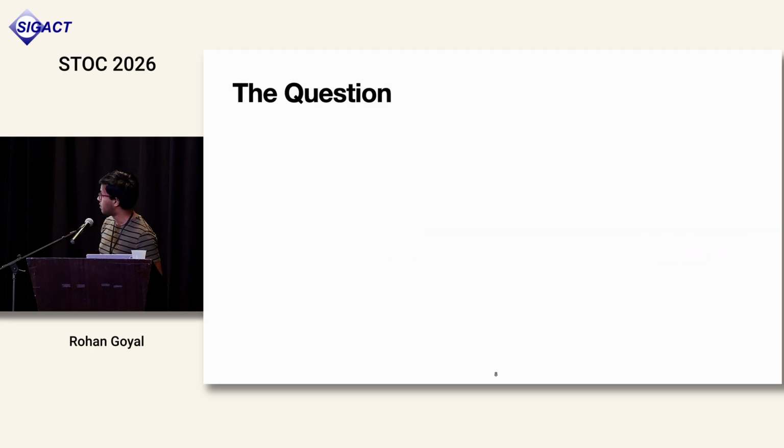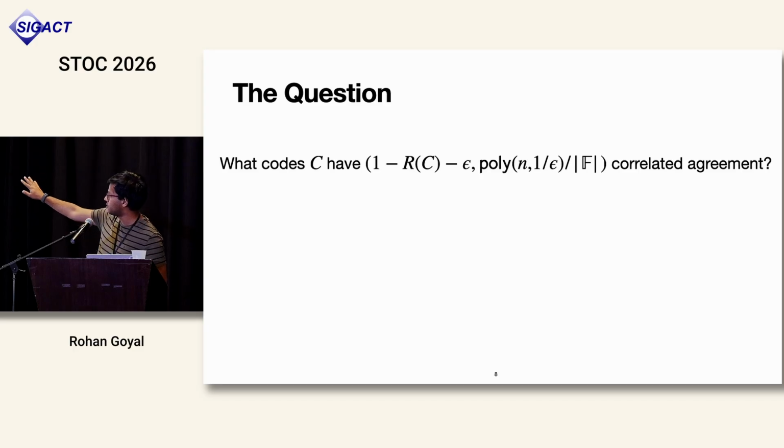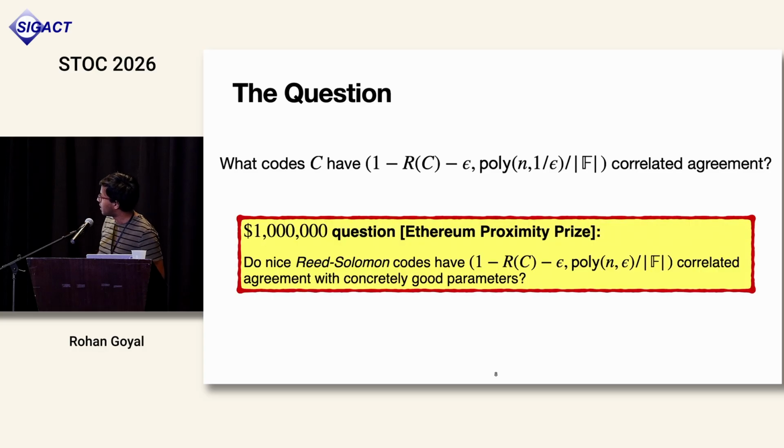Okay, so the main question is what codes have proximity gaps up to capacity, or optimal proximity gaps up to 1 minus rate, and with good error bounds. And this is the Ethereum prize question as well. For concrete Reed-Solomon codes, do you have proximity gaps up to capacity?